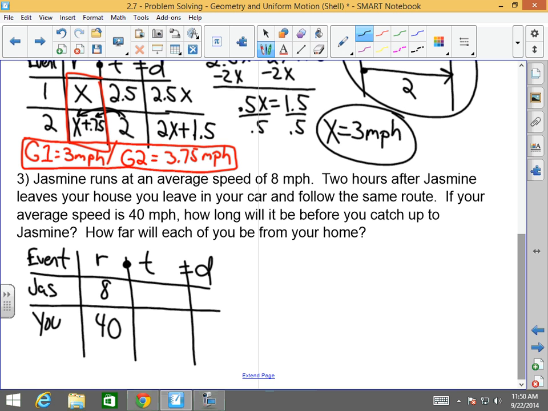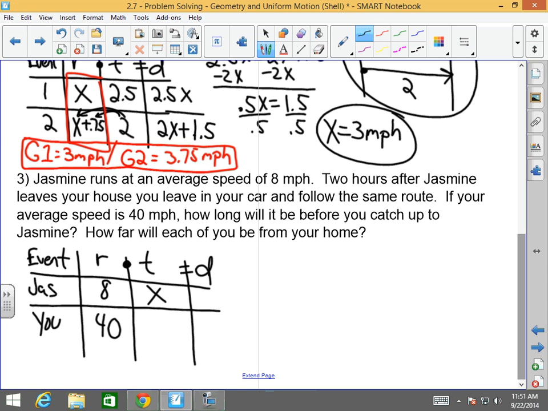So, what do we know nothing about here? We know nothing about Jasmine's time. We have no idea how long she was running for. So that's x. However, we do know that 2 hours after Jasmine left your house, you followed her in the car.